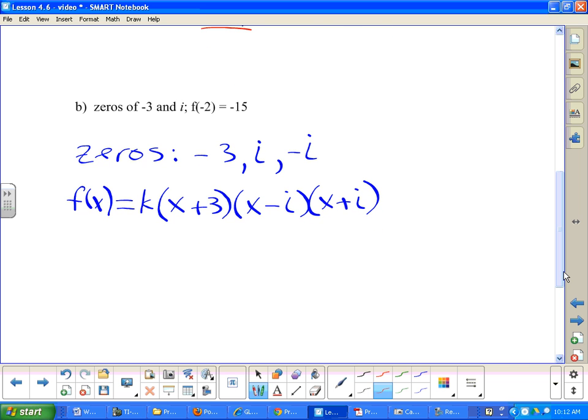All right, so let's look at another one. Here we have a 0 at negative 3 and i, and f of negative 2 equals negative 15. For this one, because I have a 0 at i, I also have a 0 at negative i, because of the rule for complex conjugates.